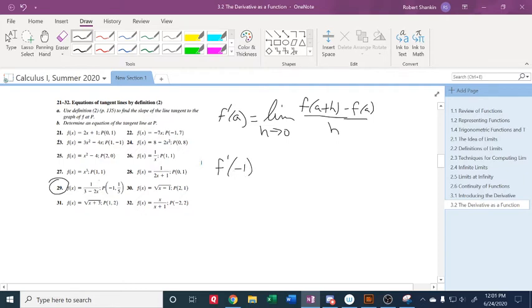Now notice, if -1 was plugged in for the x here, you would get 1/5, which is how they got the y value. And according to this definition, this is the limit as h approaches 0. Now, -1 is replacing all the a's.